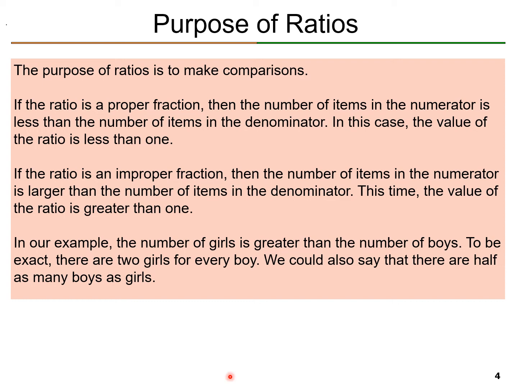Now, in our example, the number of girls is greater than the number of boys. To be exact, there are 2 girls for every 1 boy. We could also say that there are half as many boys as there are girls.